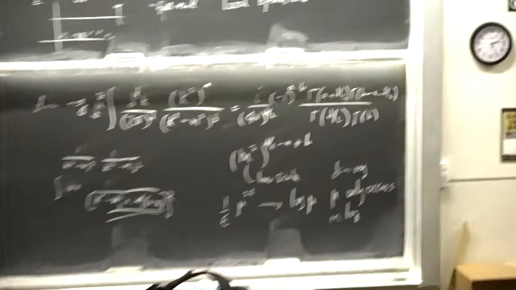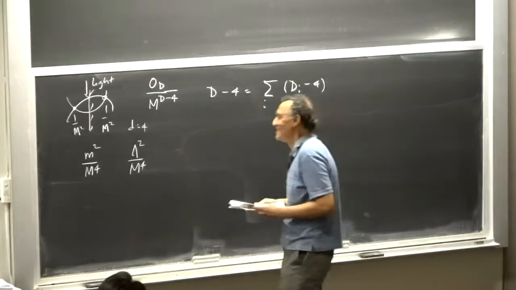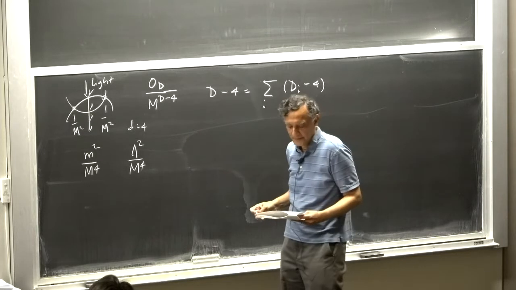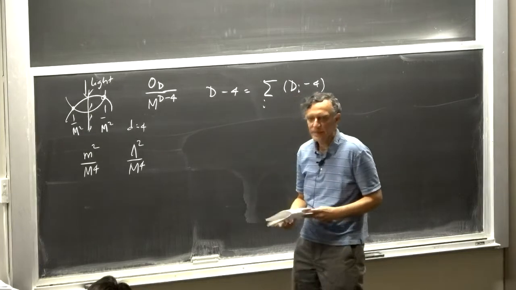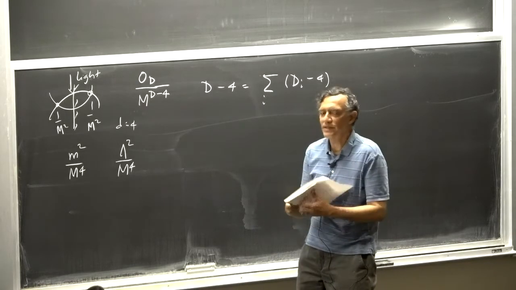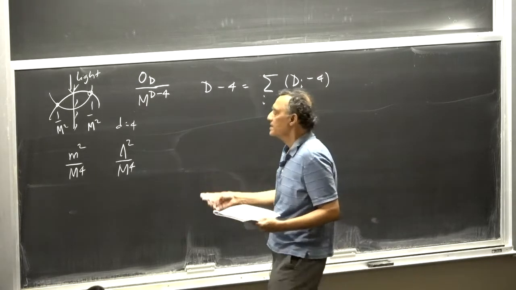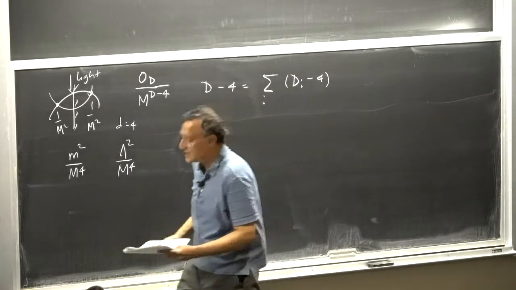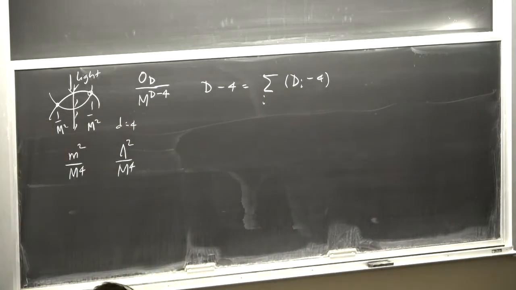Anyway, don't ever use a cutoff. It's just going to make your life hard. Now, there are some interesting features of dimensional regularization worth noting. There are infinities, these 1 over epsilons, which we have to subtract with counterterms, which I'll come back to.